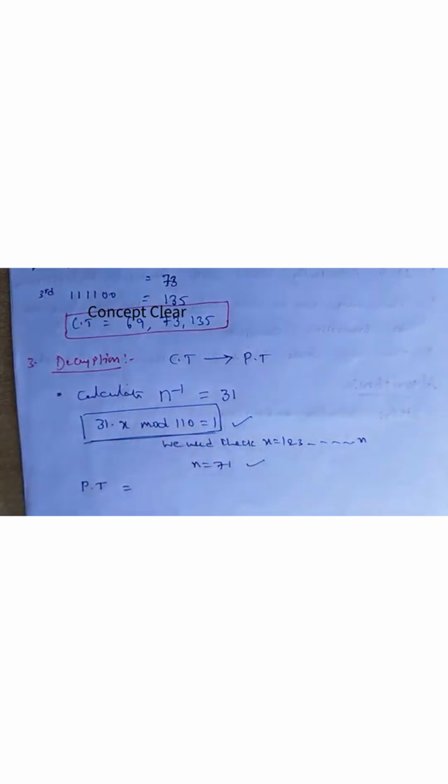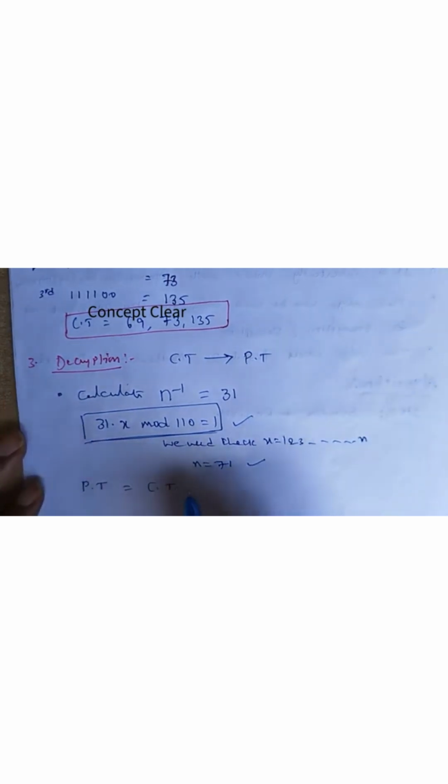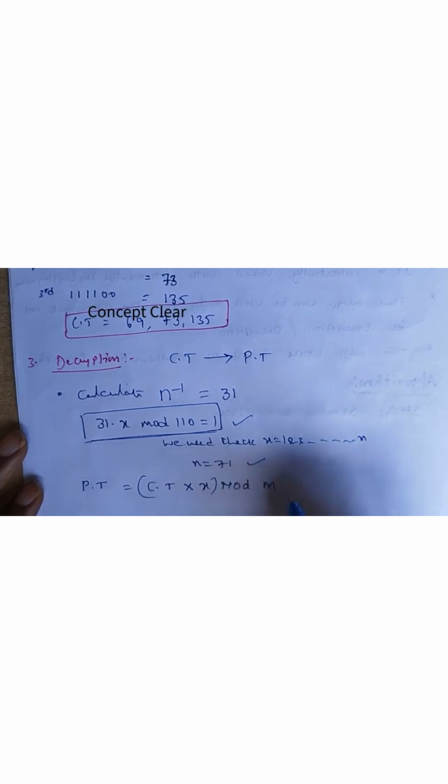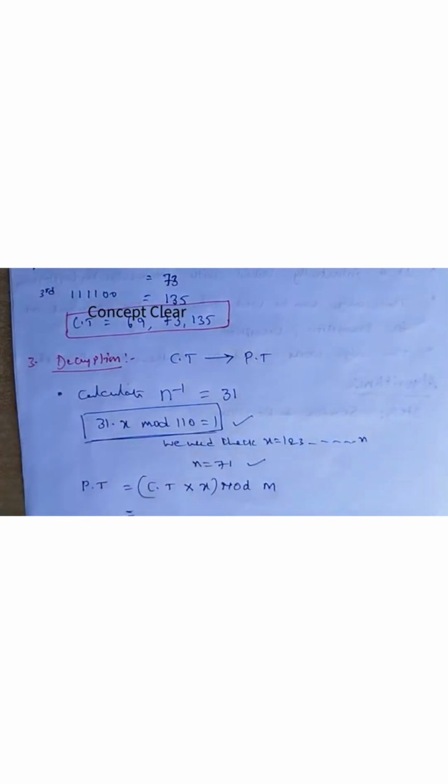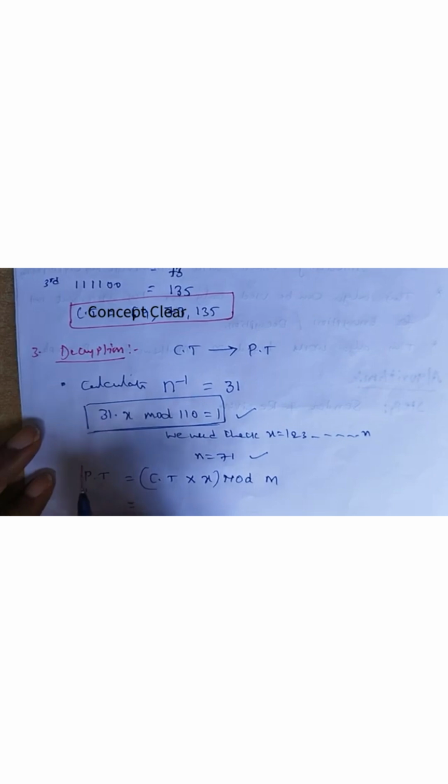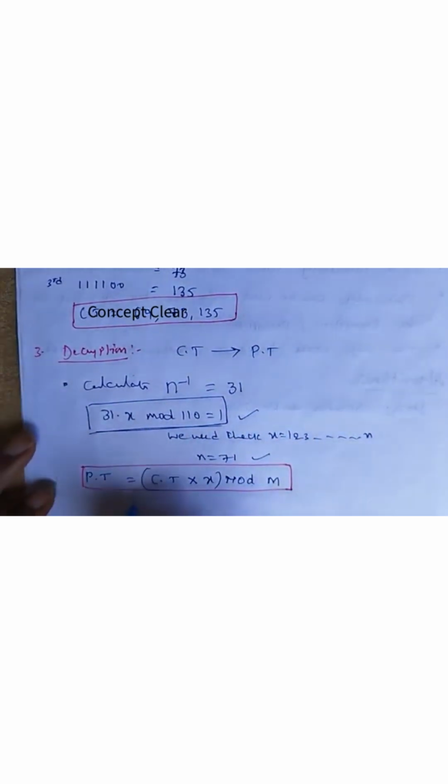To convert the ciphertext into plain text, plain text equals ciphertext into x mod m. This is the formula for plain text. If you apply the ciphertext in this formula, you will get the plain text.